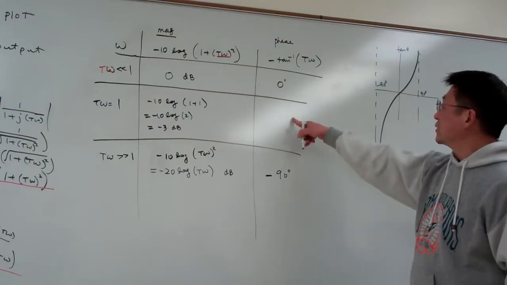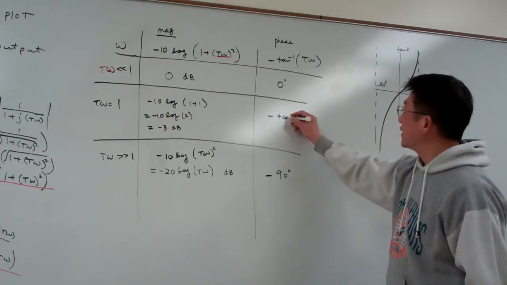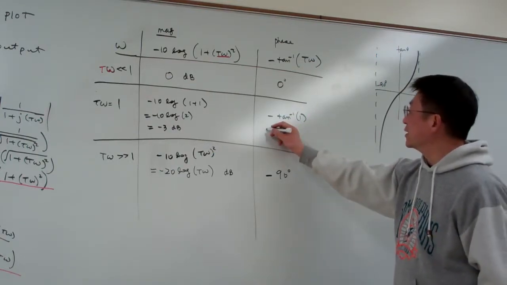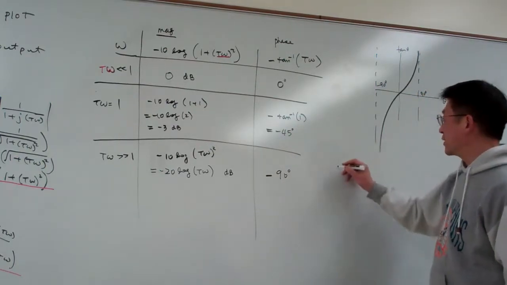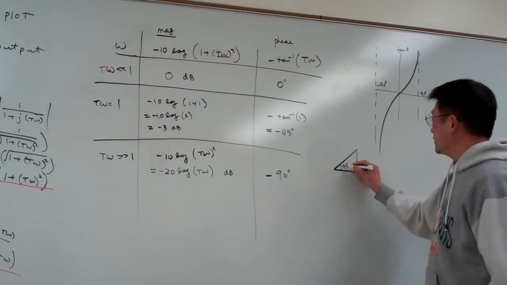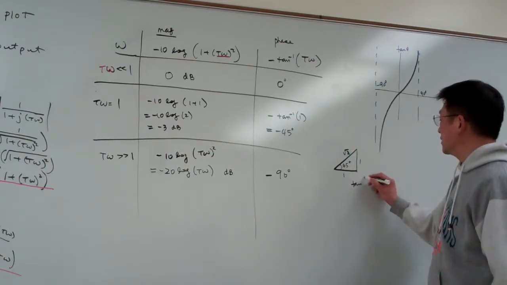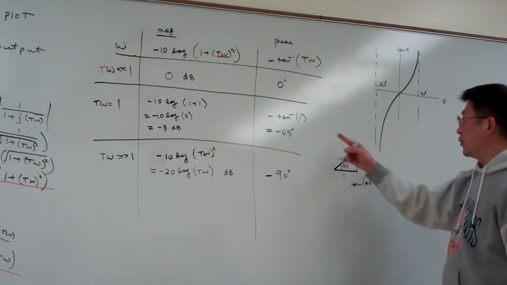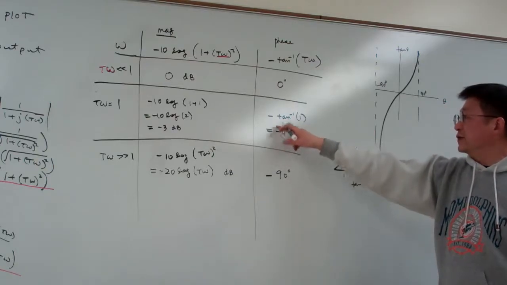Now again, for this one, when T omega equals 1, it's basically minus arctangent of 1, which is equal to minus 45 degrees, because if you look at the trigonometry, this is a 45 degree angle, and this is 1 and 1. The tangent of 45 degrees equals 1, or the arctangent of 1 equals 45, and we have a negative already from here.